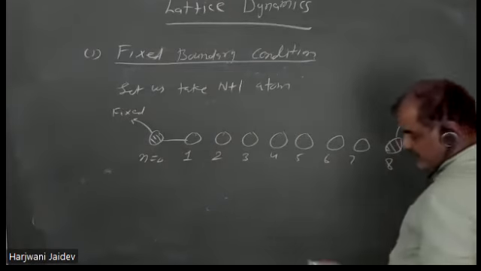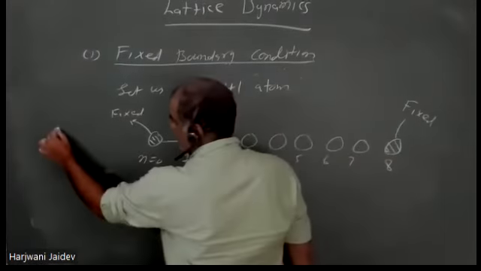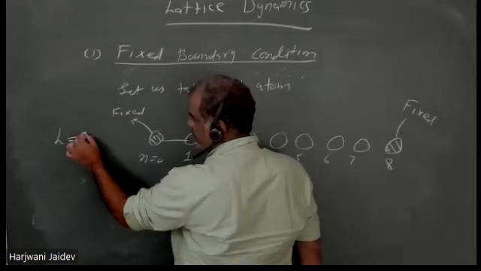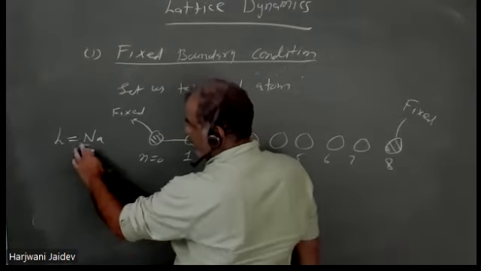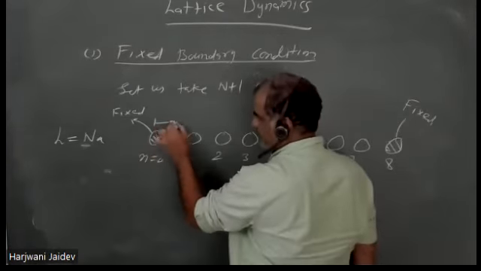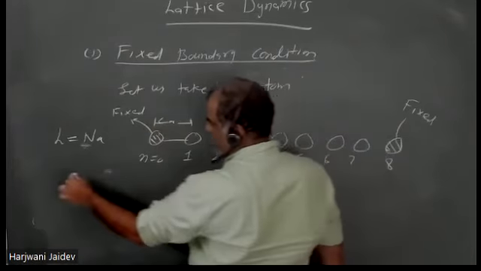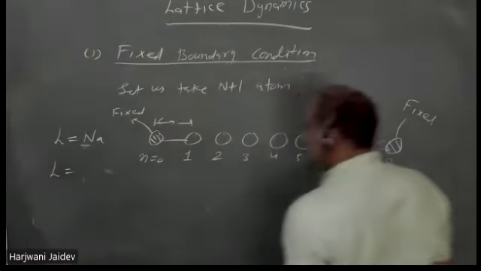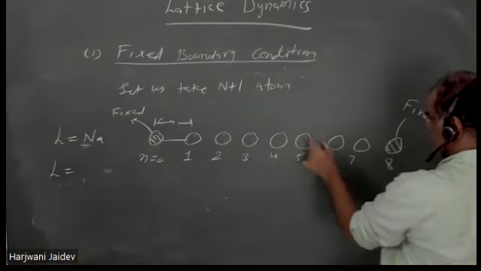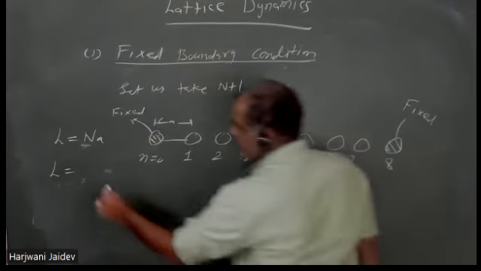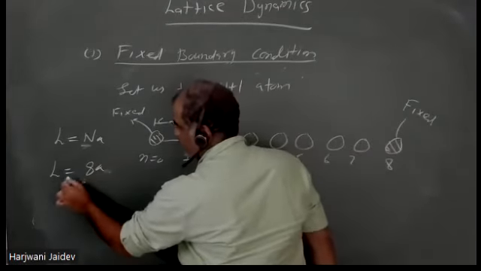Now the length of the crystal I can write equal to Na, the number of atoms into a, where a is the lattice constant. Here I have 8 atoms, so what will the length be? I am talking about the length of the crystal.